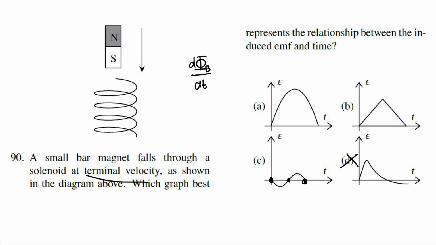As it's entering, the flux is getting bigger, so the induced magnetic field is in the negative direction, and the induced EMF is negative. As it's coming out, the flux is getting smaller, so the induced magnetic field is positive, and the induced EMF is also positive. The only graph that follows that kind of oscillatory behavior is C. Everything else does not make sense for the scenario.